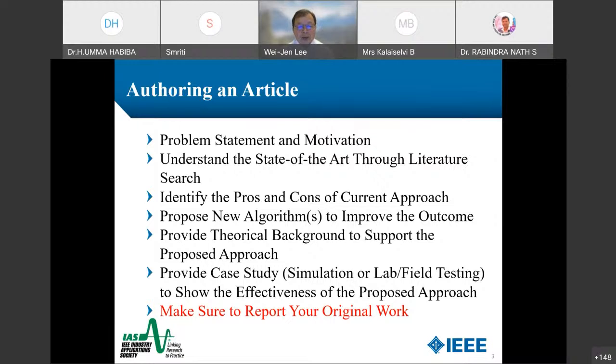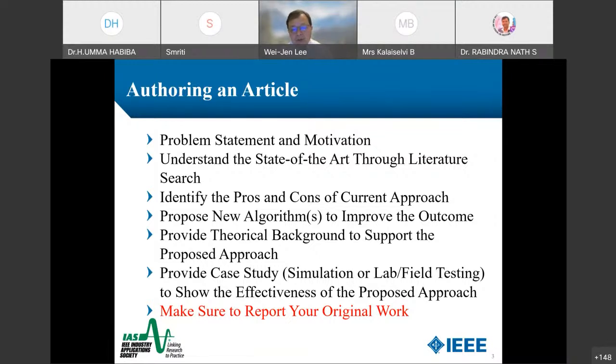You look at what has been done, and you understand the pros and cons of the current research, what assumptions they made to reach the conclusion in that paper, or what the advance in the field is. Then you propose a new algorithm or a way to improve the outcome.